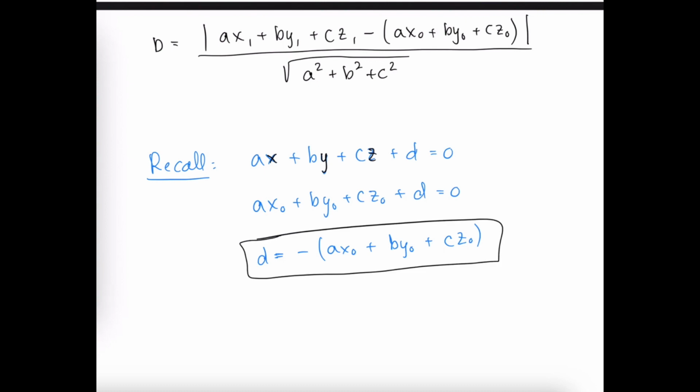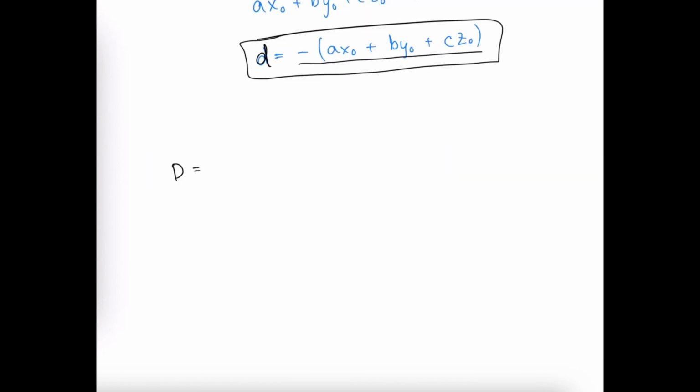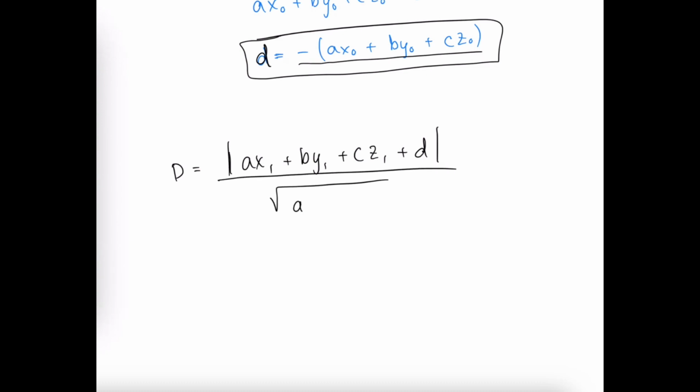So the value d from the plane equation can be used instead of this negative parentheses a x naught plus b y naught plus c z naught. So we're going to substitute d in for that quantity in our derivation here. So all of this is the same thing as d. So our distance formula then becomes the absolute value of a times x1 plus b times y1 plus c times z1 plus the value d from our plane equation, and that's all wrapped up in absolute value bars, which would then be divided by the square root of a squared plus b squared plus c squared.